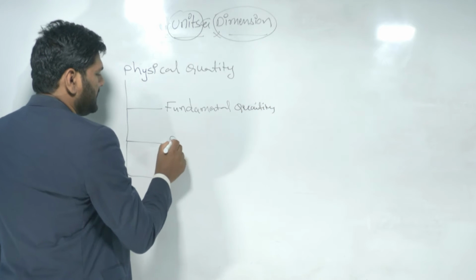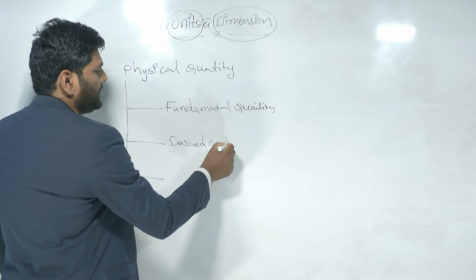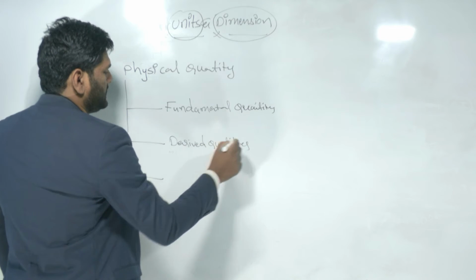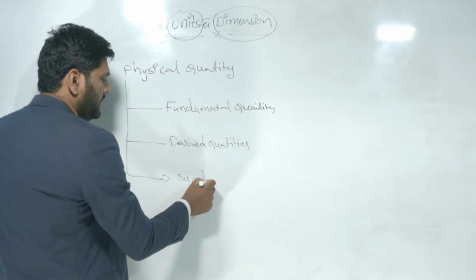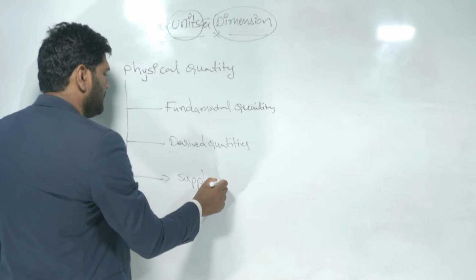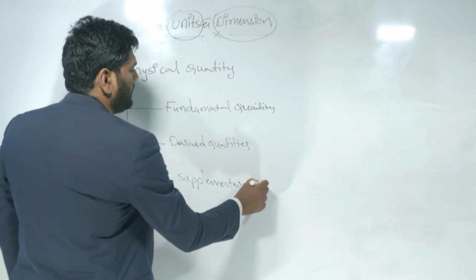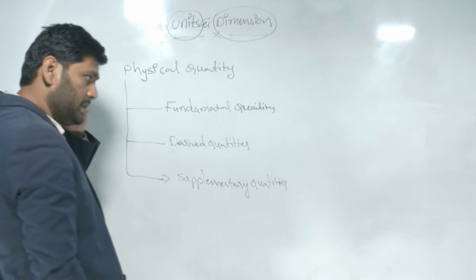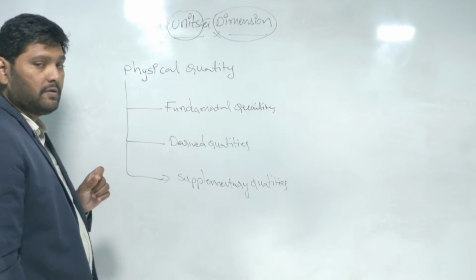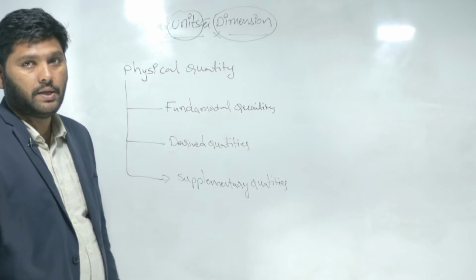Next one is derived quantity. Third one is supplementary quantity. These are the three types into which we have generally classified these physical quantities.